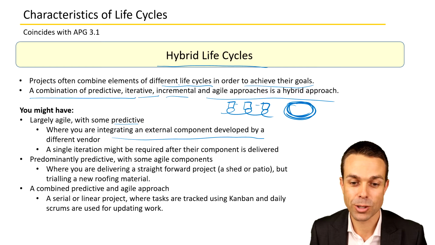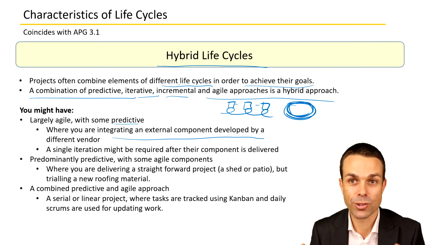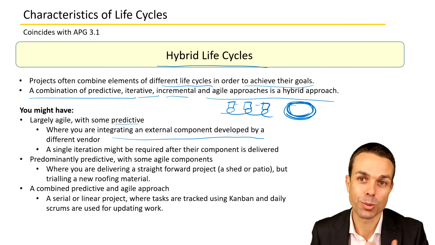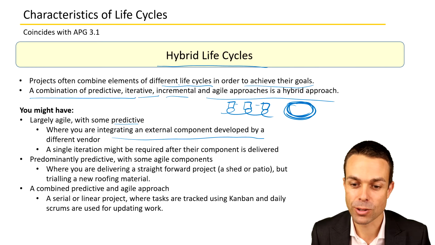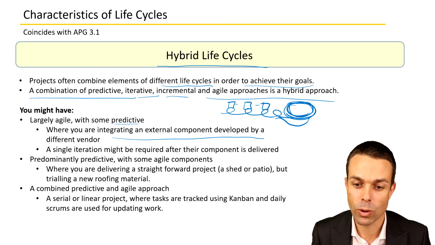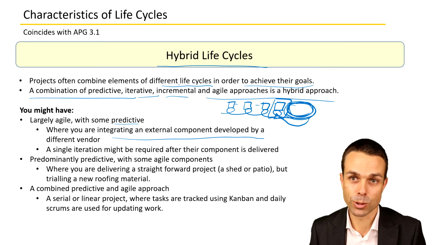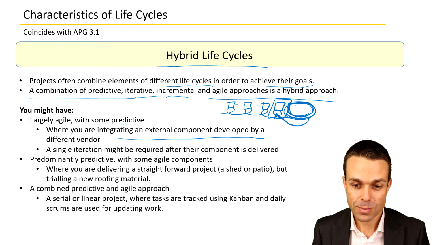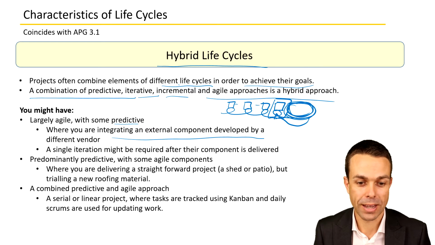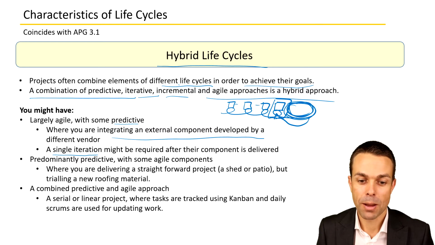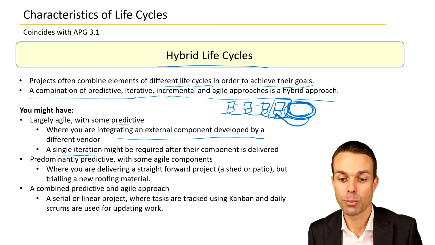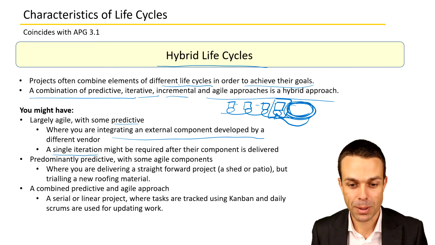So they're just going to have that delivered in one go, which is your predictive model. That'll be delivered, and often that can just go in when it's finished, go in as one of your iterations as part of your overall solution at the end of that. So that's how those two would work together. In other words, the single iteration might be required after their component is delivered to you in one big bang.